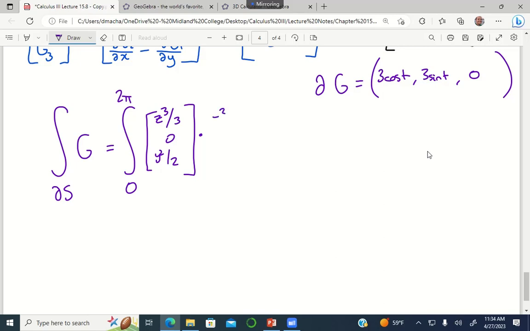So that's going to be negative 3 sine t, 3 cosine t, 0 dt.